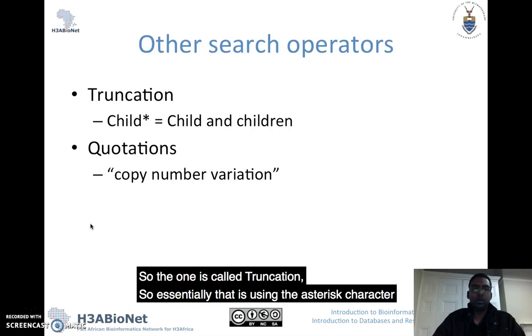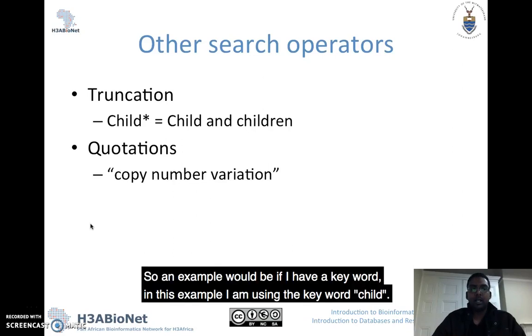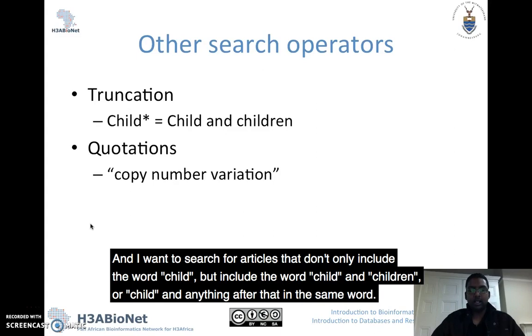So the one is called truncation. Essentially, that is using the asterisk character or the star character. So an example would be if I have a keyword, in this example I'm using the keyword child, and I want to search for articles that don't only include the word child, but include the word child and children, or child and anything after that in the same word.